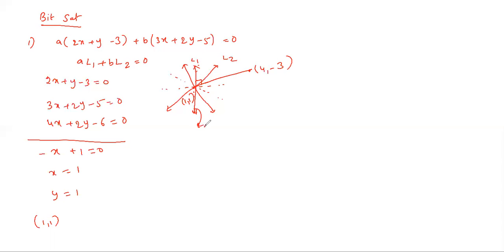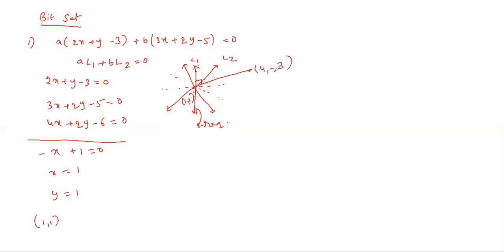It is perpendicular, which means this distance is more. Suppose you take any other line, the distance is less than this particular one. So you have to find the perpendicular to this line segment passing through the point (1, 1).